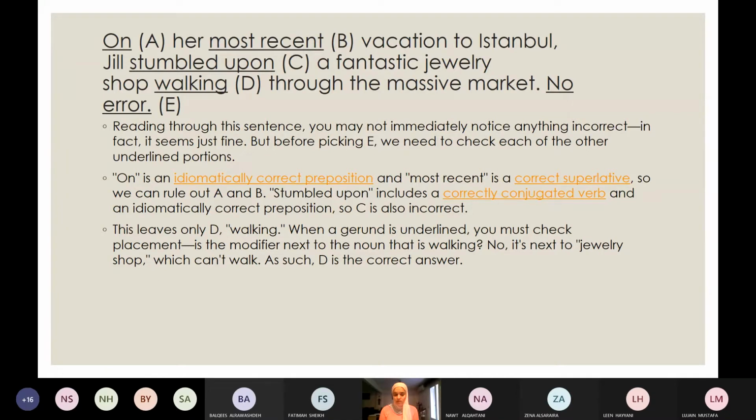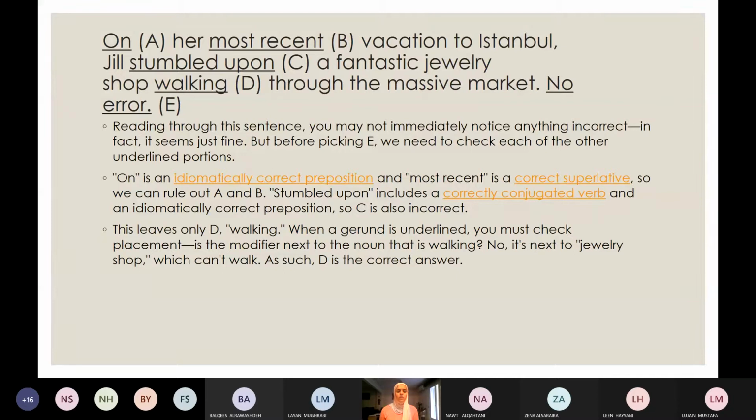No one? Grade 10. I think it's C, Miss. It is C, stumbled upon. Oh, no, I mean C, the massive market. But massive market is not underlined. I don't get the letters, Miss.